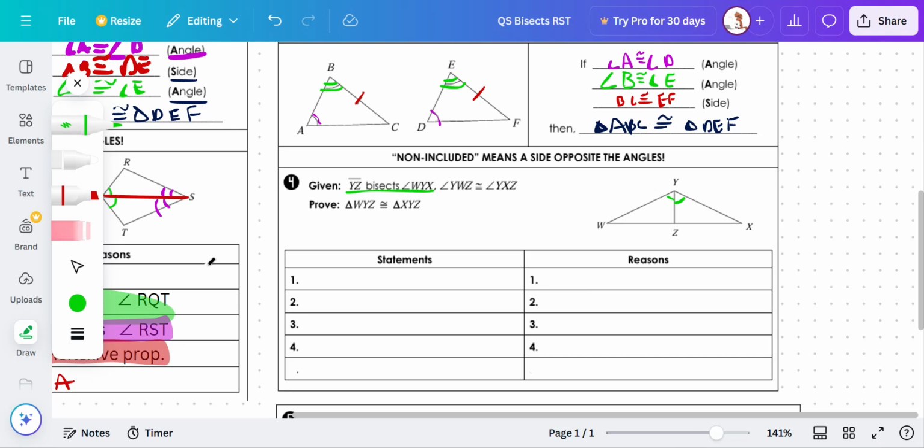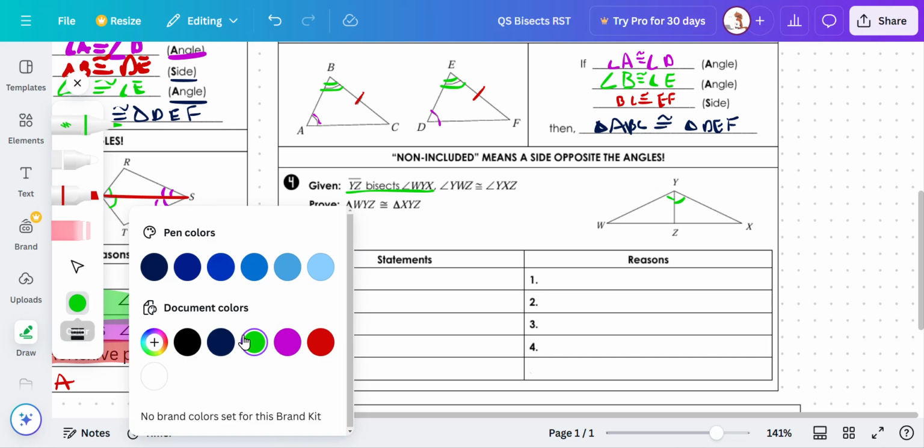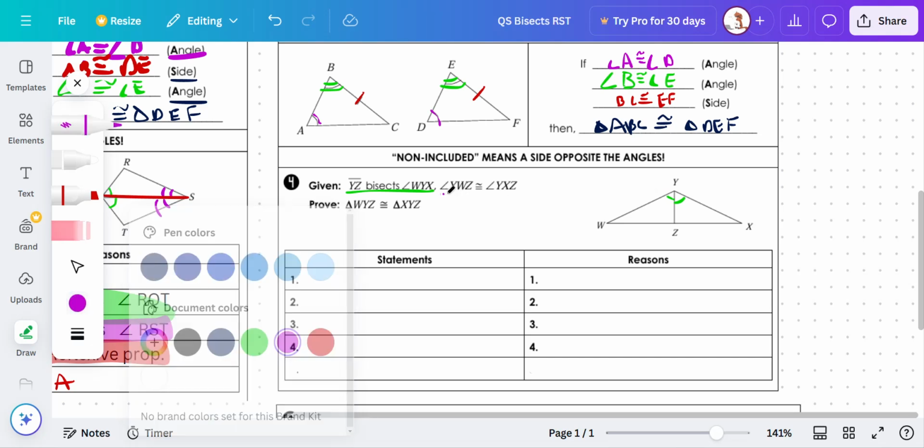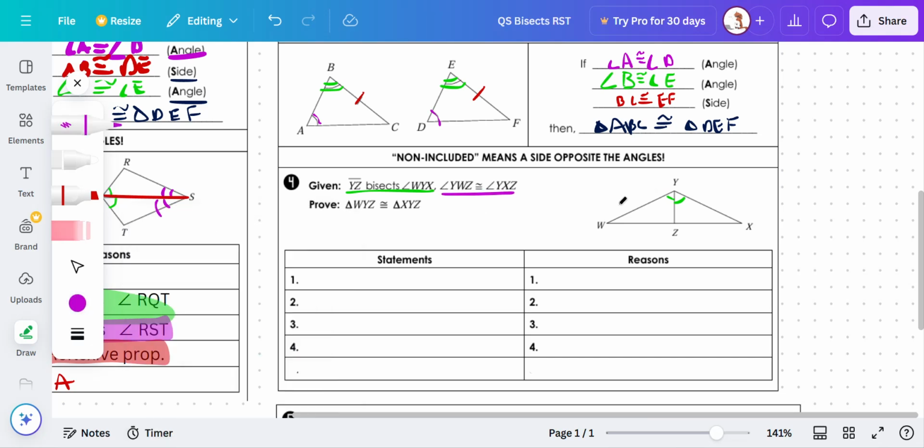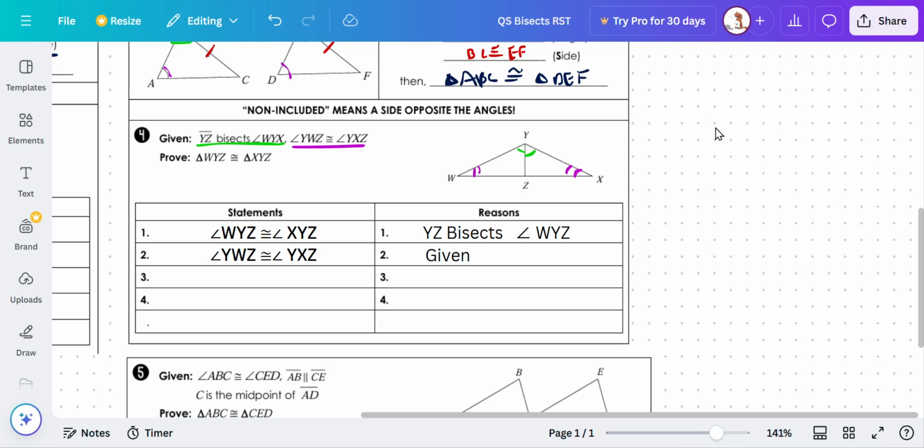Next up we have round 2, the fun one, WYZ and WXZ. So these 2 are congruent as given. And that's all we got for right now. So let's type those in. Alright, so through the magic of editing, here's what we got.